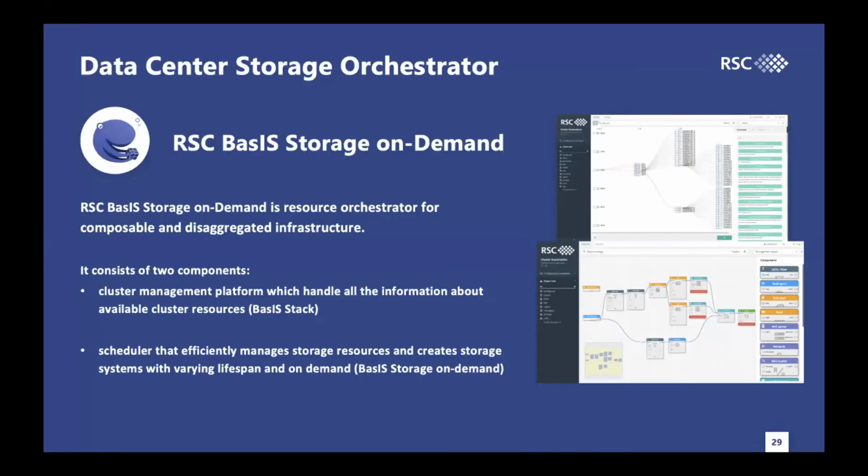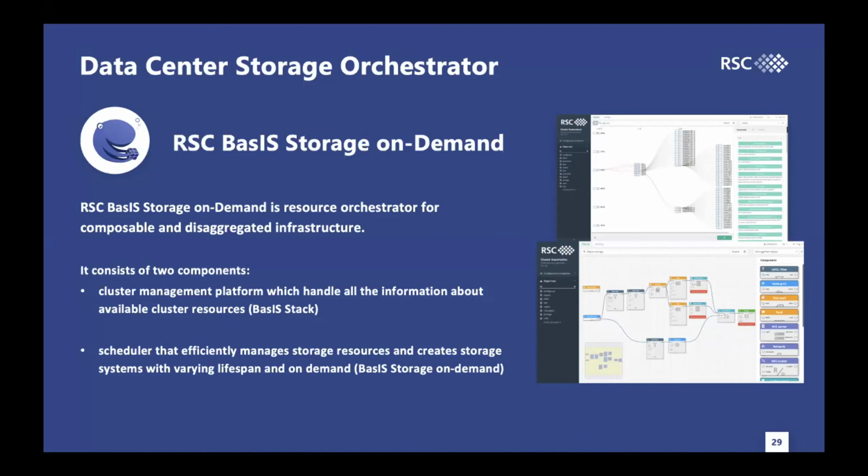Our system consists of two parts. The first one is the cluster management platform, called BasisStack, that stores all information about the available cluster resources, and the Storage on Demand part, which is a flexible scheduler that manages the storage resources and creates storage systems on user demand.